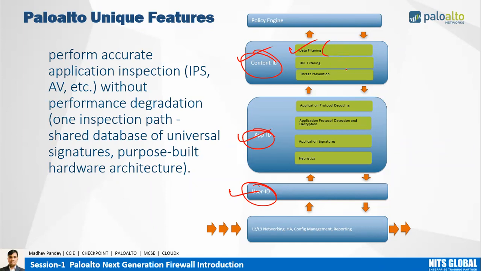Threats. Threat prevention, that means what? It can identify vulnerabilities and exploits. Does your network have any weaknesses which can create an exploit in your network? It can identify viruses.